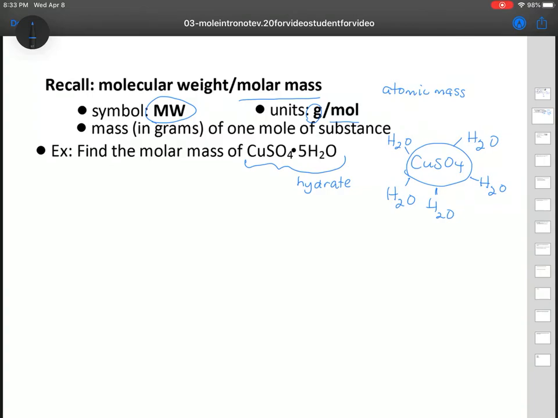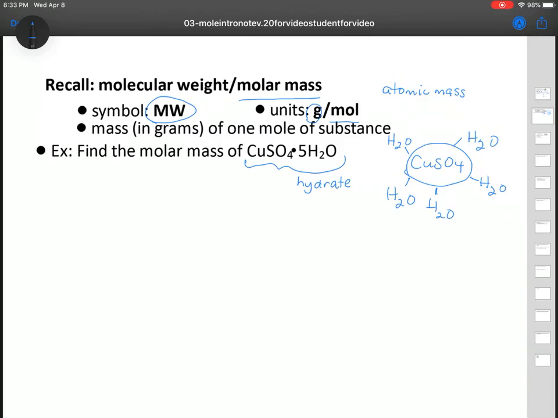Okay, so you have options for this. You can find the molar mass of copper sulfate and then add the 5 waters to it. Some people will even have the molecular weight of water memorized, which is 18 grams per mole, and then you just multiply by 5 and add it to the copper sulfate.